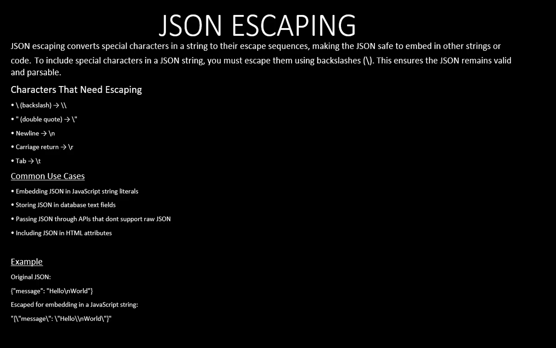Now coming to JSON escaping. This is very important. JSON escaping converts special characters in a string to their escape sequences, making the JSON safe to use in other strings or code. To include special characters in a JSON string, you must escape them using backslashes. This is a very common error or issue when we work with JSON in Power Automate.